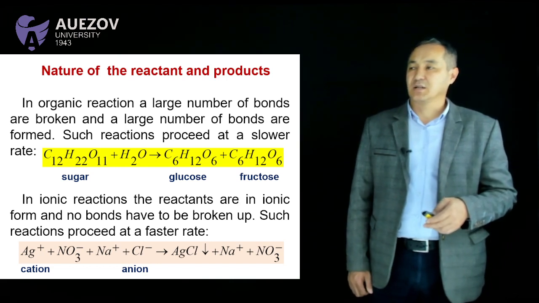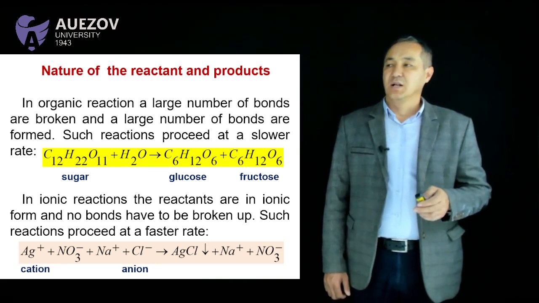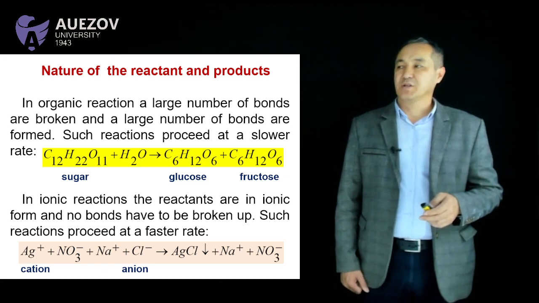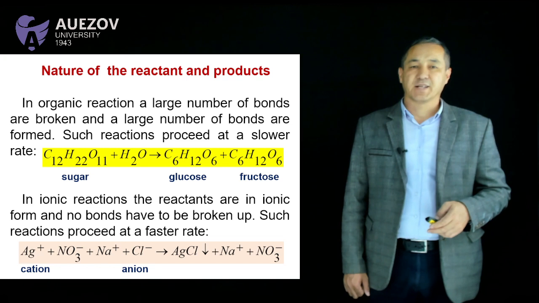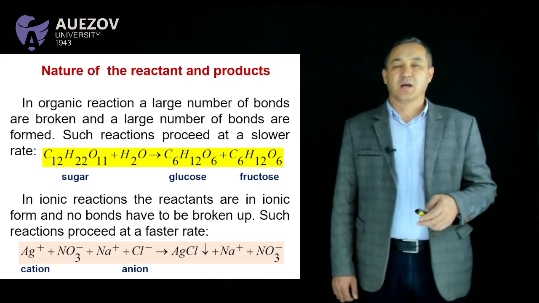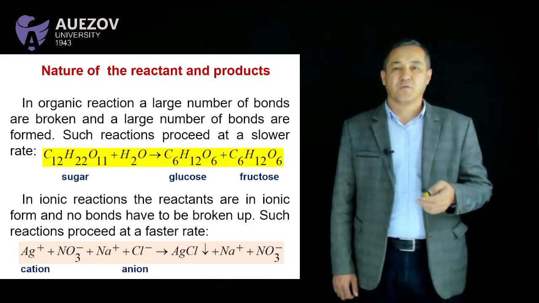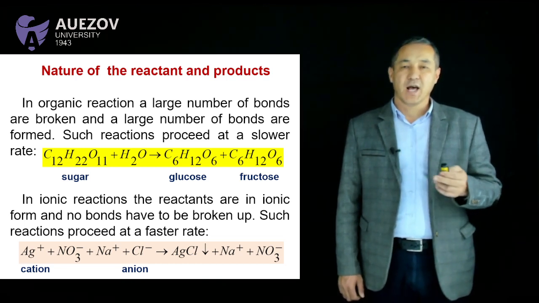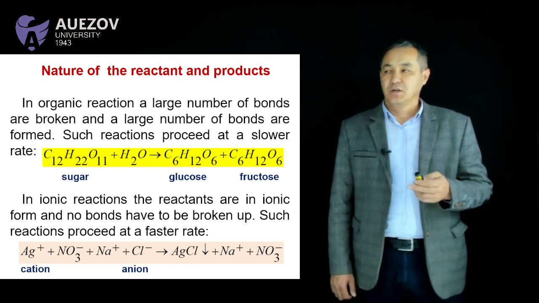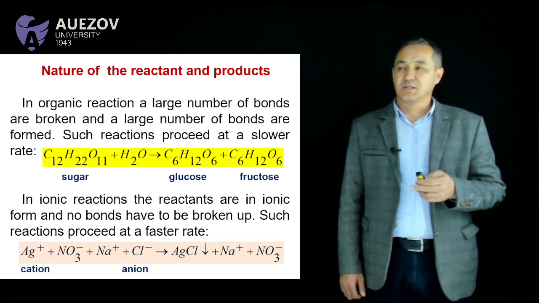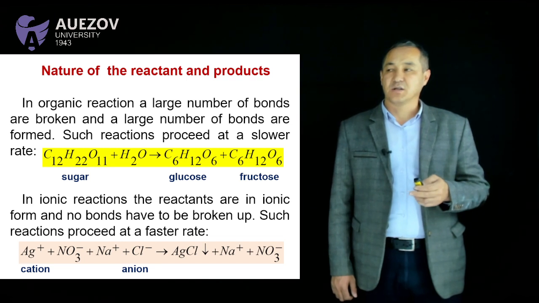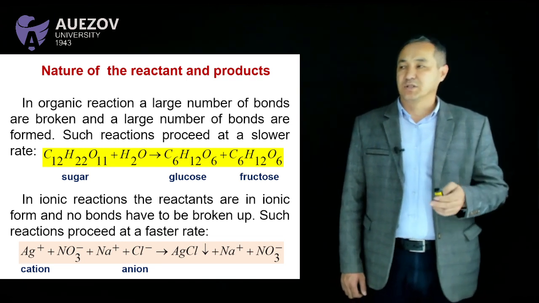In organic reactions, a large number of bonds are broken and a large number of bonds are formed. For example, we can use the interaction between sugar and water. As a result of this reaction, we get glucose and fructose molecules.